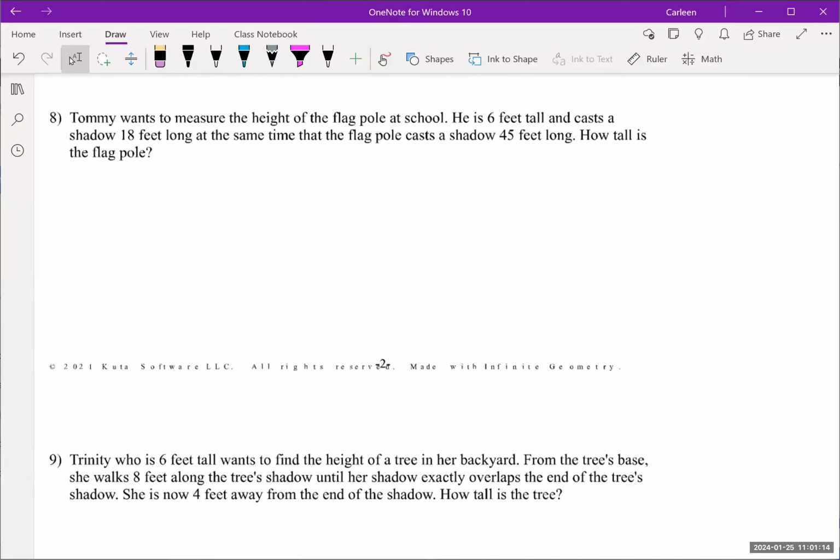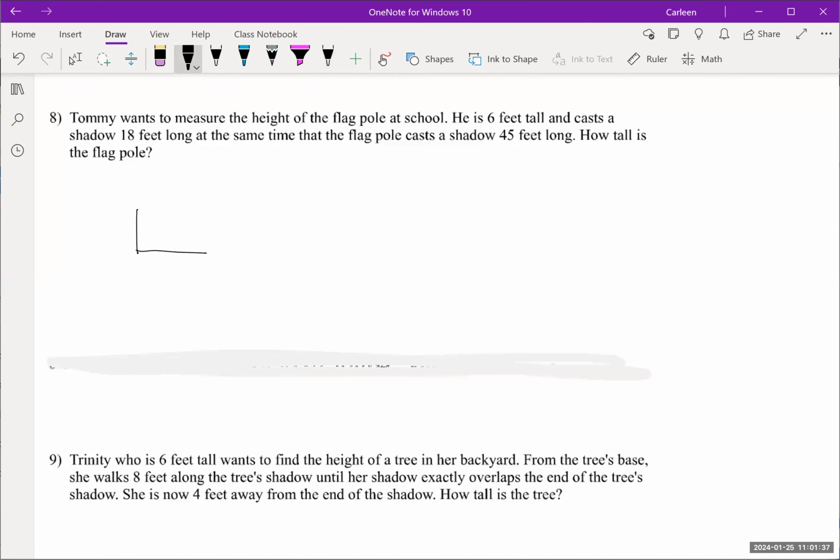Okay, next. Tommy wants to measure the height of a flagpole at school. He is 6 feet tall and casts a shadow 18 feet long. At the same time, the flagpole casts a 45 feet shadow. So these are separate.